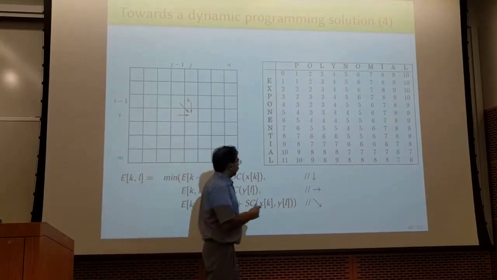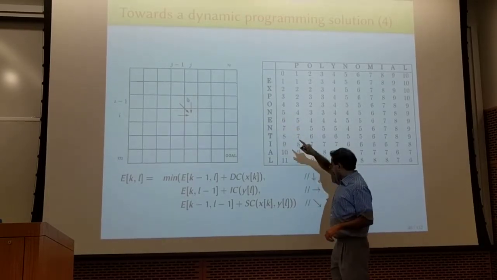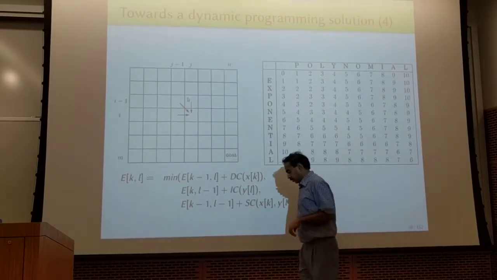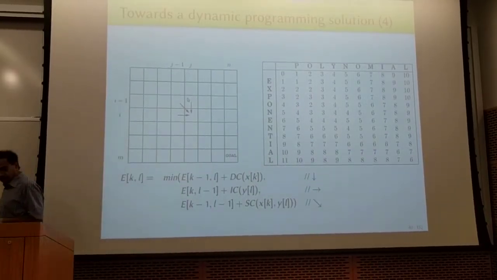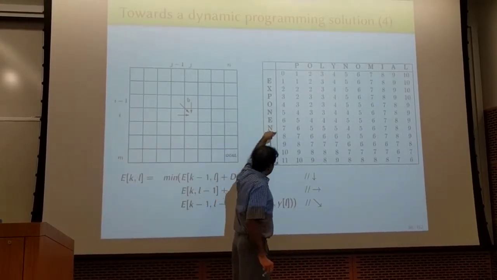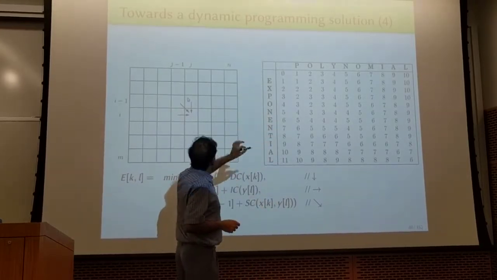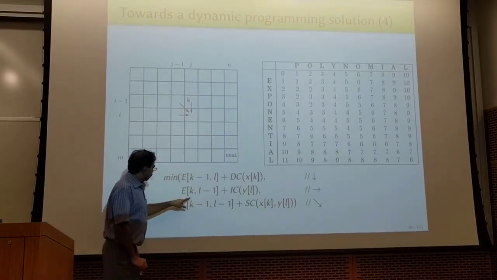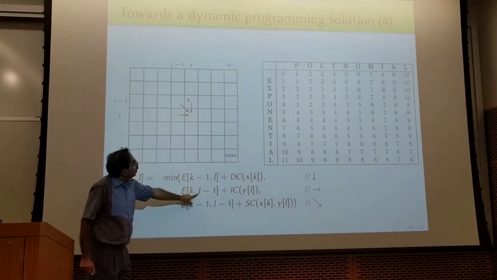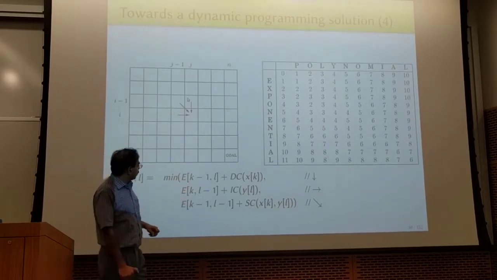So what do we mean when we say we are going down, right, or diagonal? Going down means you are increasing k.